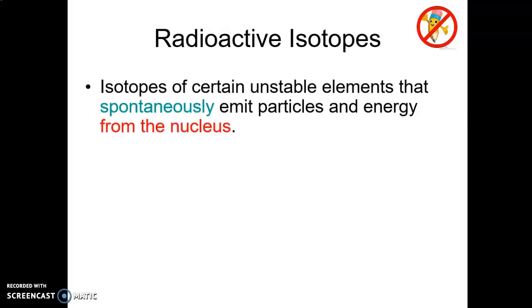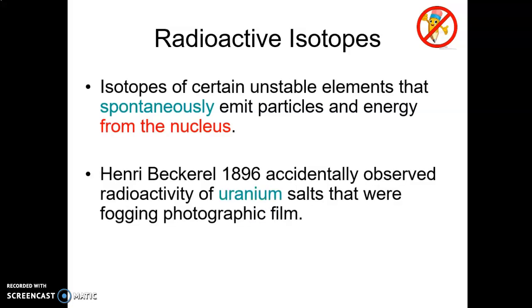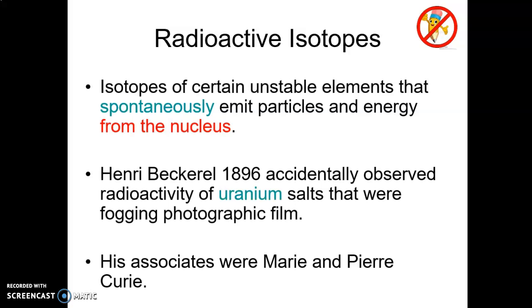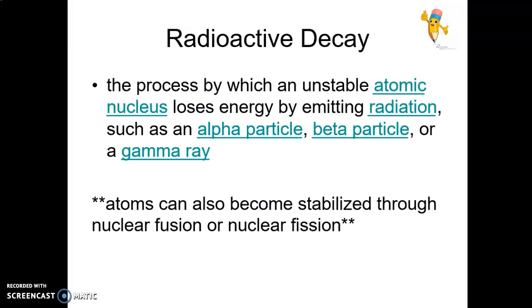So when isotopes become unstable, meaning that the number of neutrons is too little or too much, it can spontaneously emit or release energy from the nucleus to make it more stable. So this process is known as radioactive decay.